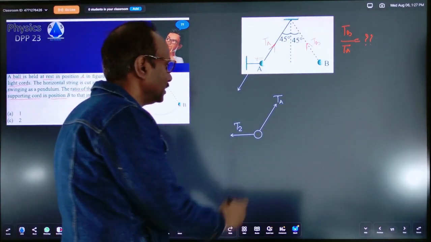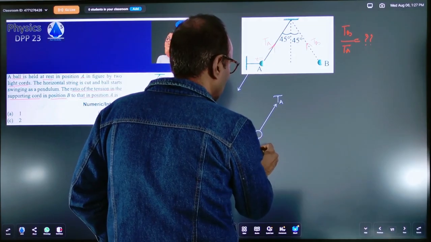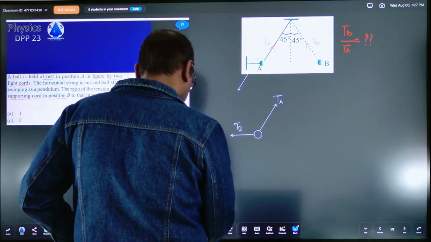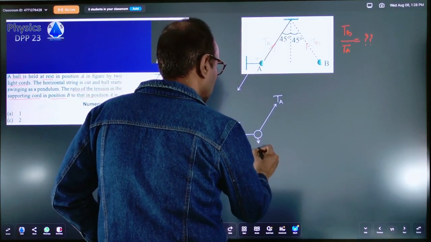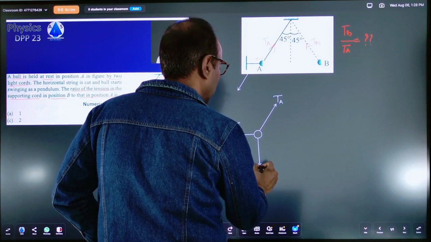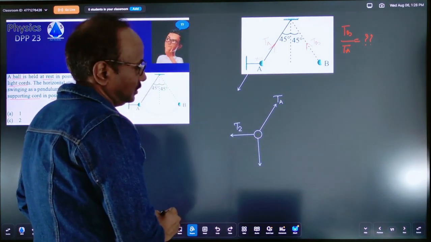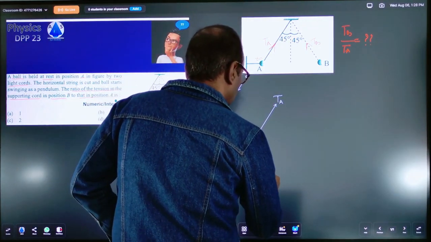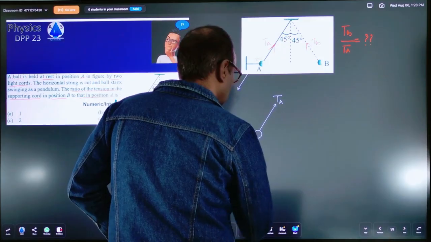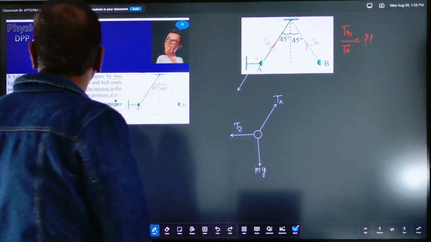And the third force is your gravitational force, in the vertically downward direction, and that is equal to mg, if m is the mass of the ball.